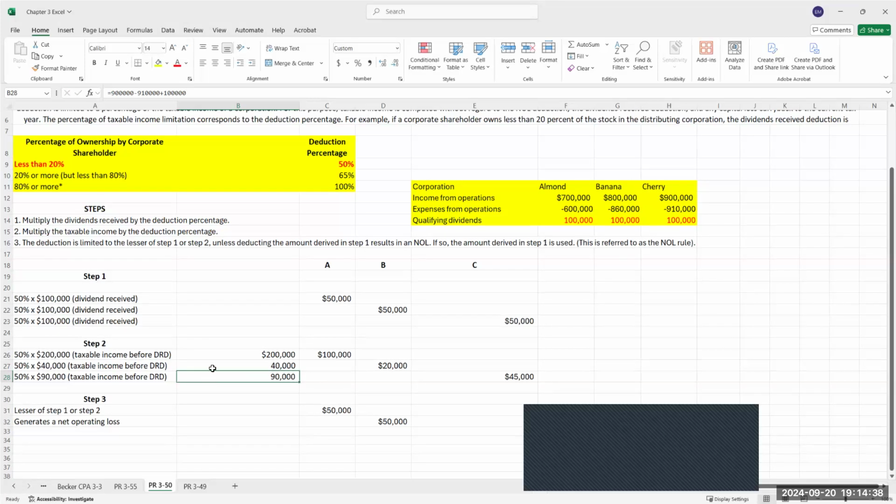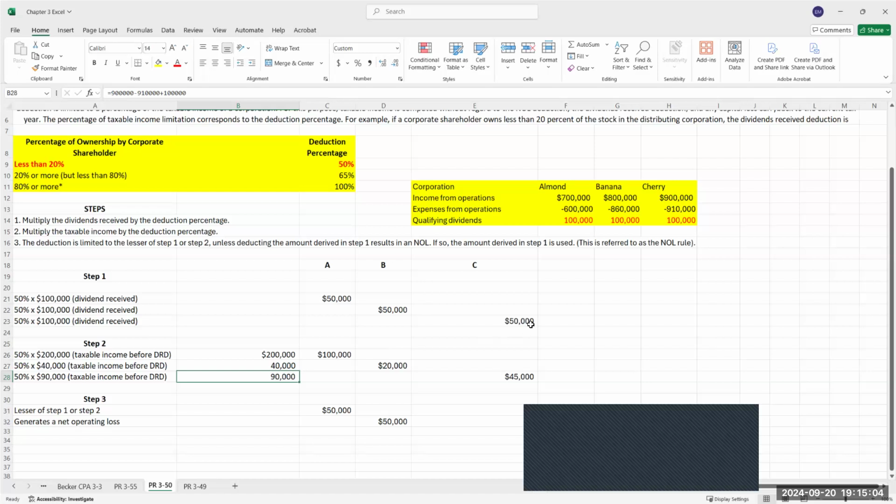before special deduction. So again, the limitation is unless deducting the amount derived in step 1 results in an NOL, we take the full amount. So $40,000 in income minus $50,000 in dividends received deduction would give us a $10,000 loss. So therefore, we claim the full dividends received deduction. For Cherry Corporation, the taxable income is $90,000.